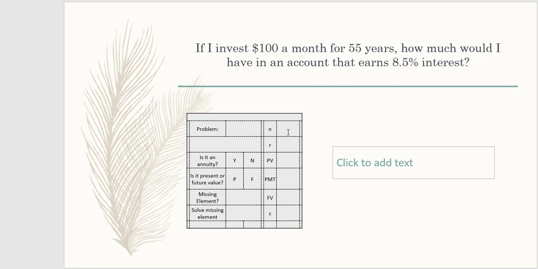So my N, I said I'm doing it monthly for 55 years. And then I said that my rate was 8.5%. My present value, it doesn't tell me how much I started with, so I assume a present value of 0.